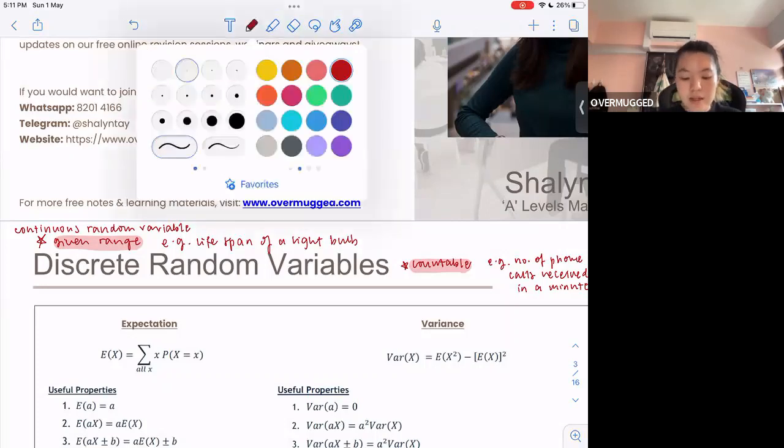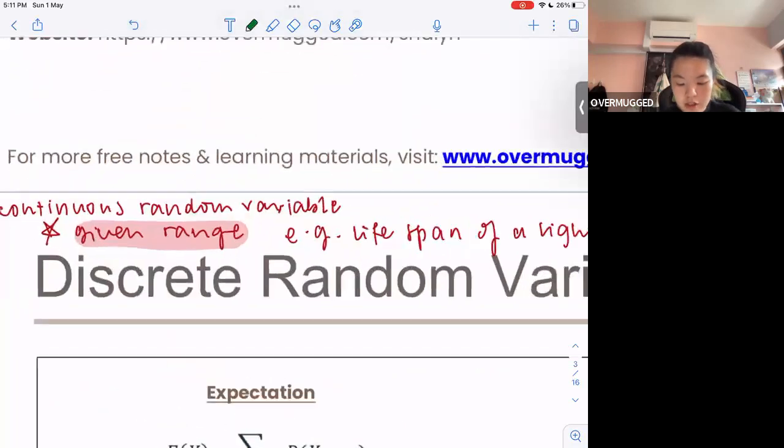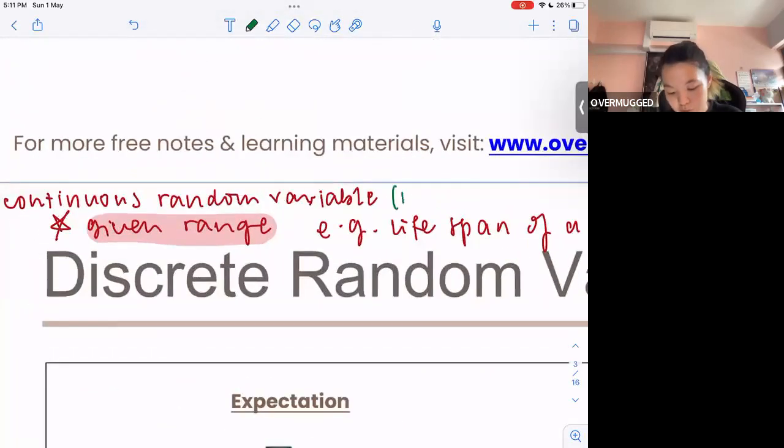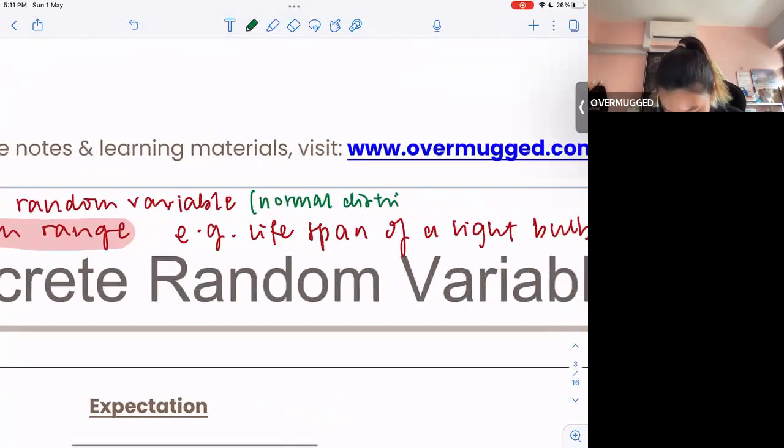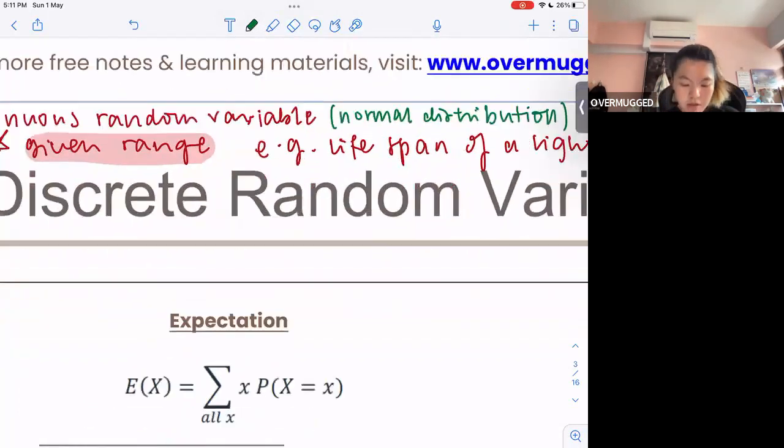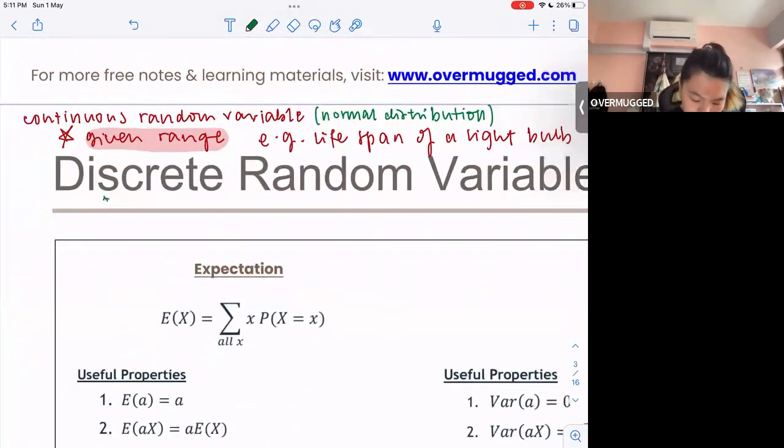And for A levels, right, your continuous random variable actually corresponds to your normal distribution. And your discrete random variables corresponds to your binomial distribution.